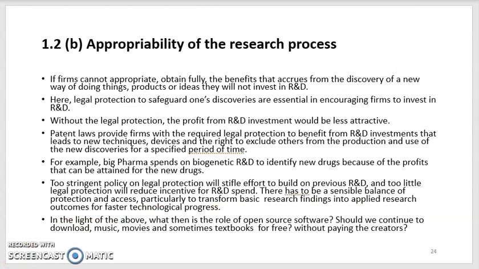So let's look deeper again into the appropriability of the research process. As we said, this simply suggests that if firms cannot appropriate the profits from the development of new products, they will not engage in research and development, and technological progress will be slow. So many factors are also at play here. The nature of the research process itself is important.